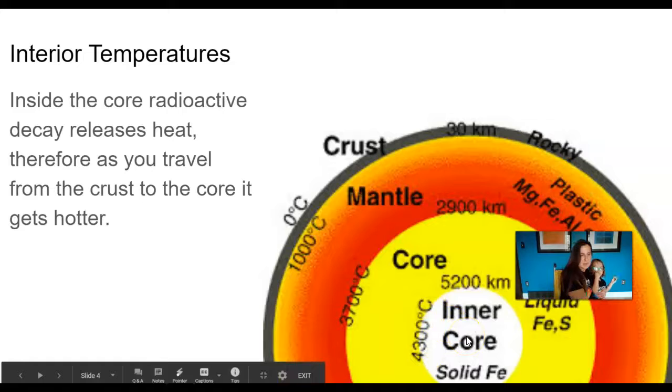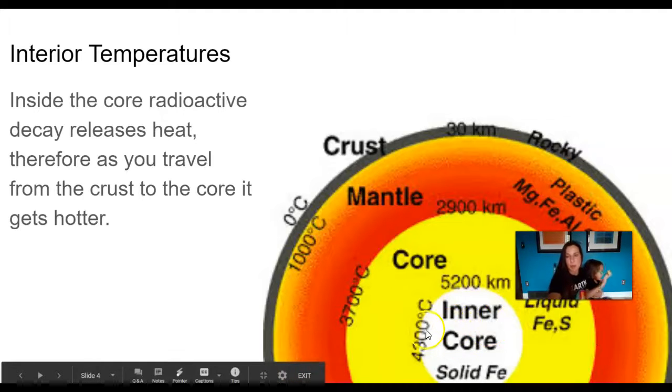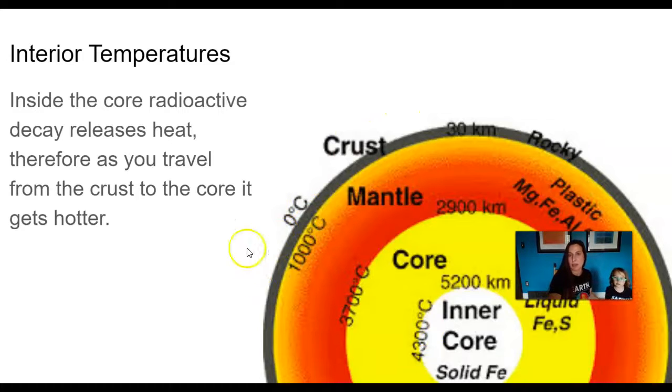The core is about the same temperature as the surface of the sun. So it's super, super duper hot. And as we move away from the core, it gets cooler and cooler till it gets as cool as the crust, like where we live.